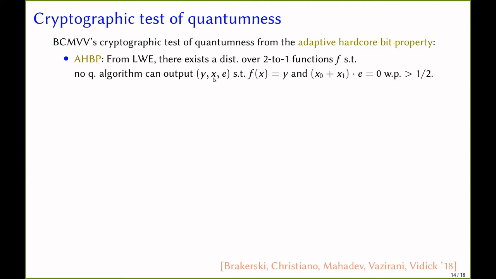So we call x a preimage of y, and e an equation that's associated with y. But on the other hand, it is quantum efficient to get either (y, x) or (y, e).